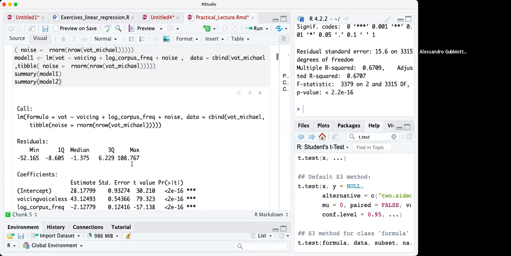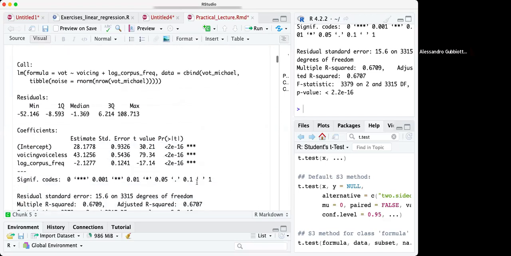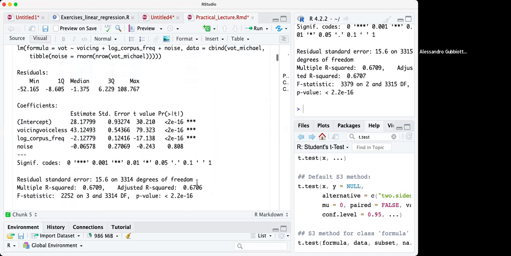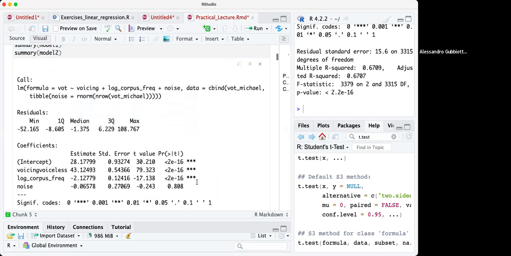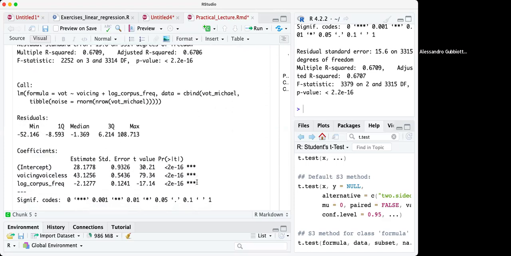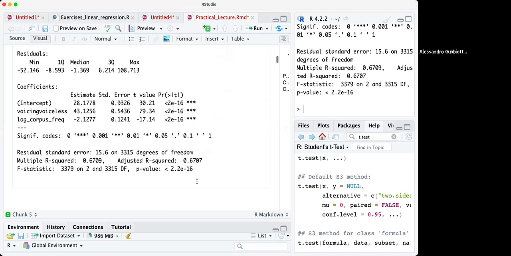This is because the effect here is really small, but I can add some more. If I add some noise, the R squared should increase because you explain more variance, but the adjusted R squared not, because it penalizes adding more variables. So it's better to look at it if you have many variables.